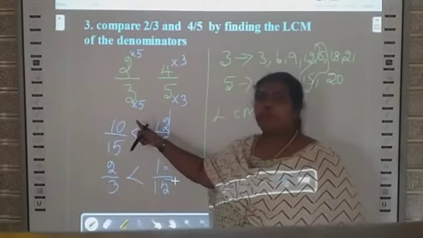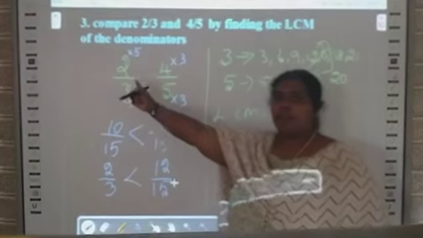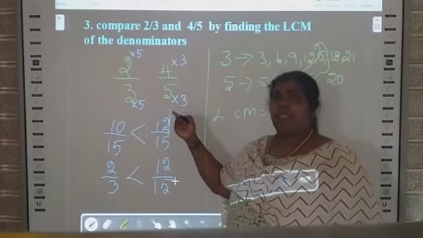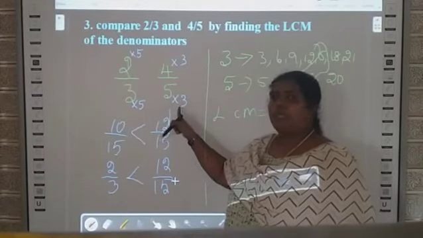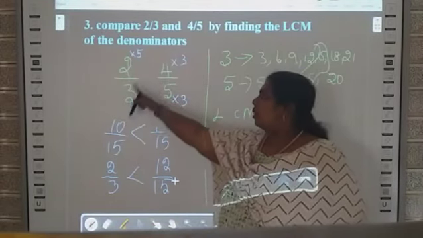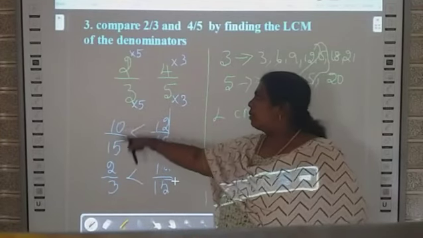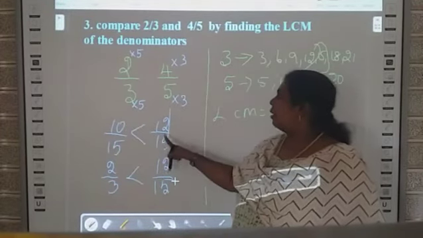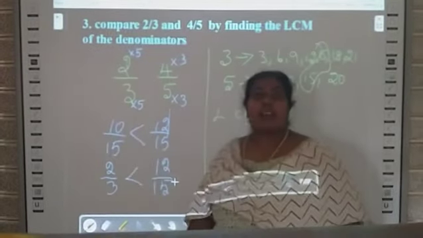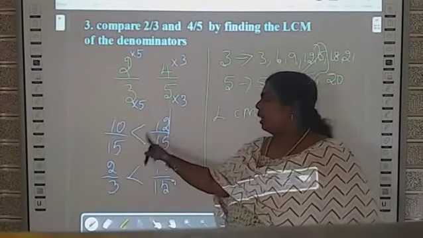So if the denominator is multiplied by 5, the numerator is also multiplied by 5. Then here, 5 how many times is 15? 3 times. So multiply by 3, the numerator also we want to multiply by 3. So 2 times 5 is 10, 3 times 5 is 15. Then 4 times 3 is 12, 5 times 3 is 15. Now these two fractions are like fractions, so you can compare.